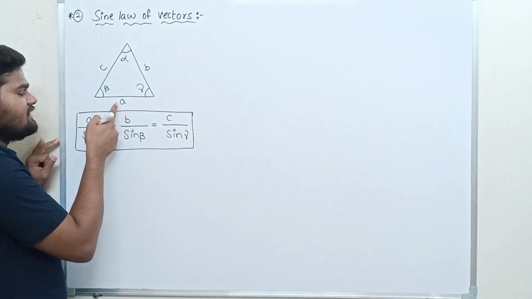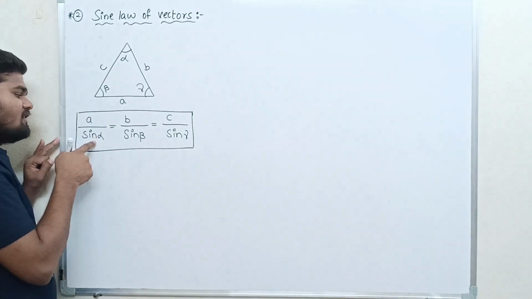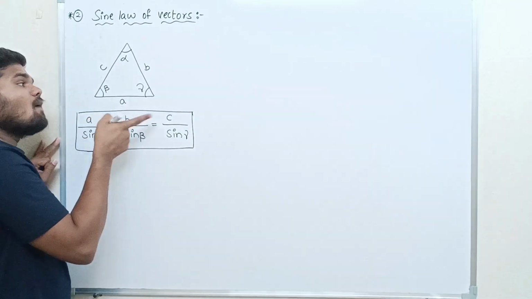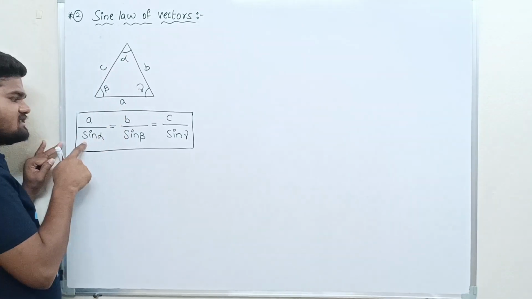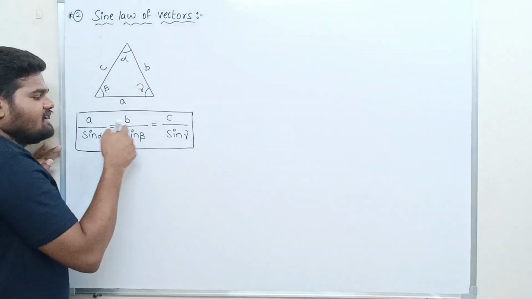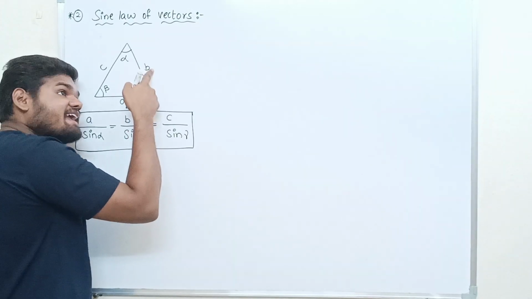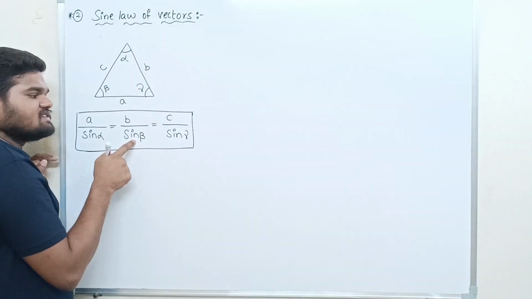Okay, so have a look. Side A divided by what is the angle opposite to side A? Alpha, sine alpha. Side B divided by what is the opposite angle for side B? Beta, sine beta.